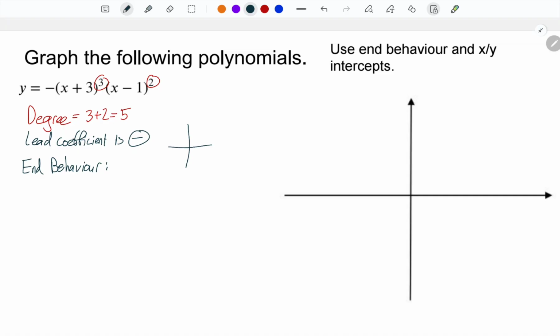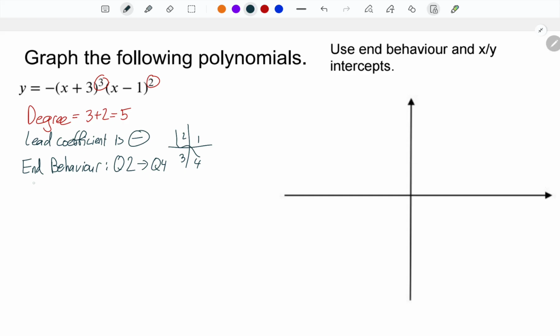So a cubic normally goes up from the bottom left to the right, but we have the lead coefficient being negative, so ours is now going to go down and to the right. And there's going to be other things happening, so it's not just a regular cubic anymore, but that will at least tell us the end behavior. So we're going to say from quadrant 2 to quadrant 4. Okay, so that's one thing.